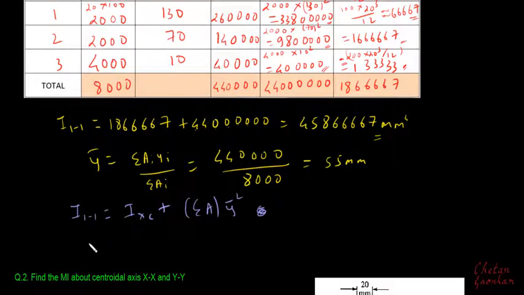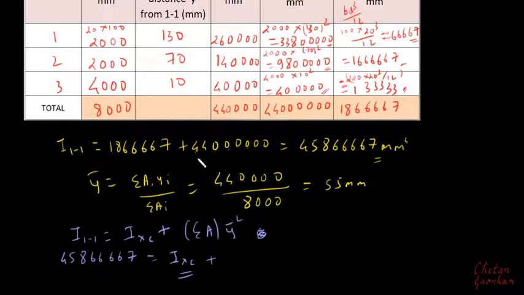So what is I11, which we have already found? So this will be 4586666 7 equal to Ixc, which is the quantity we need to find, that is the moment of inertia about the x-axis passing through the centroid, plus summation of area, which is 8,000, multiplied by y bar square.